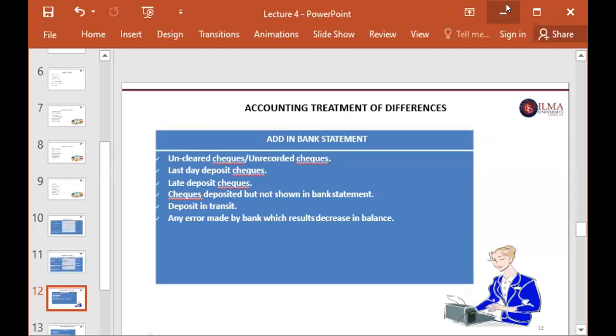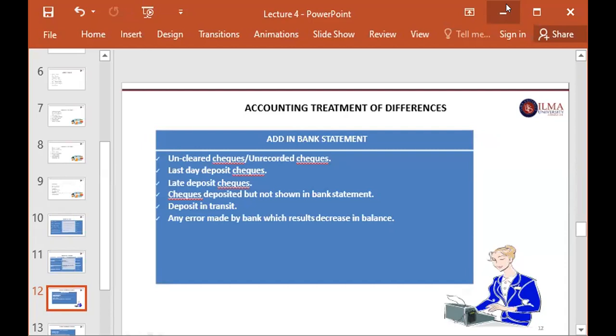Accounting treatment of differences. The accounting treatment of differences while preparing bank reconciliation statements is summarized in 4 slides. The items that have to be added in the bank statement are uncleared checks.